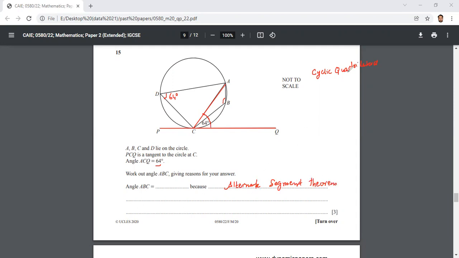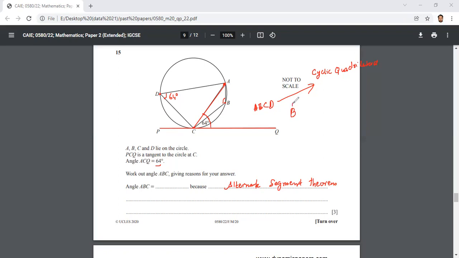The second thing, we will apply the cyclic quadrilateral concept. Now once you know 64, we are looking for angle B. These 4 points, A, B, C, D, all lie on the circumference, and basically this is a cyclic quadrilateral. So the sum of opposite angles equals 180, meaning supplementary.